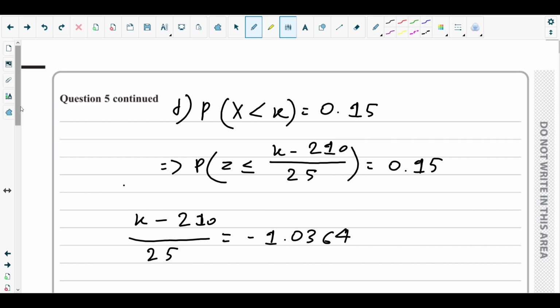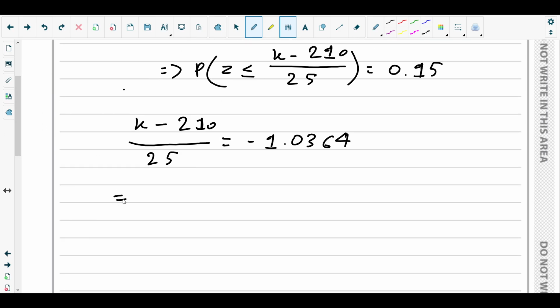Okay, you can also use your calculator: press mode and then press 7 and then press 3, and then for the area, 0.15, you will get the value negative 1.0364. Okay, so now find the value for x.